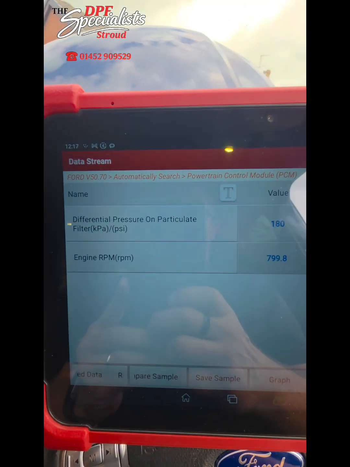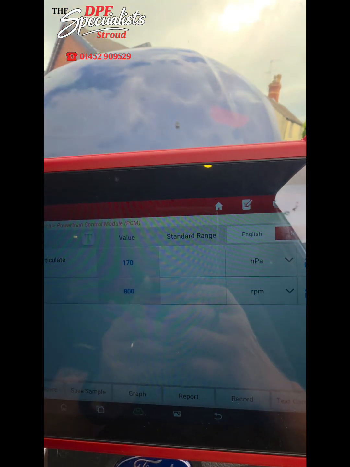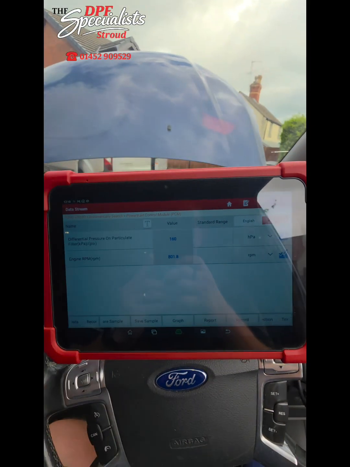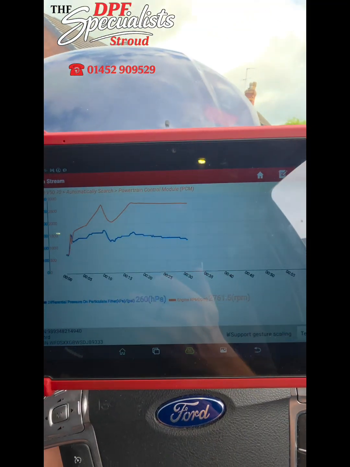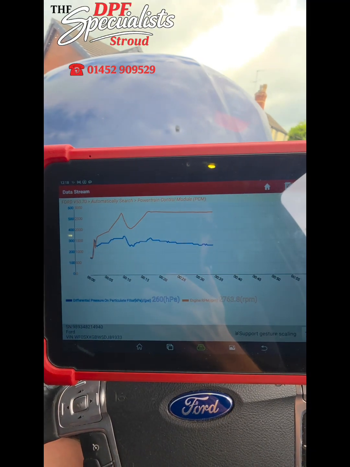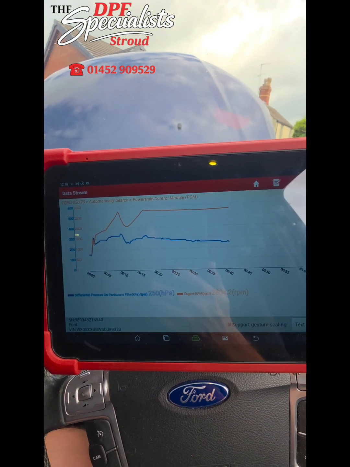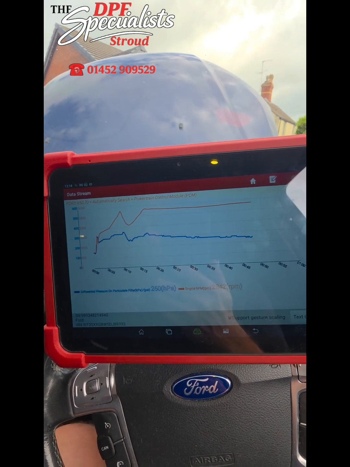Okay guys, so differential pressure at idle is currently 180, 170, going down slowly. We'll pick the revs up in a minute and we'll graph it and show you. So 2,700 RPM, differential pressure dropping, 270, 250, 240.